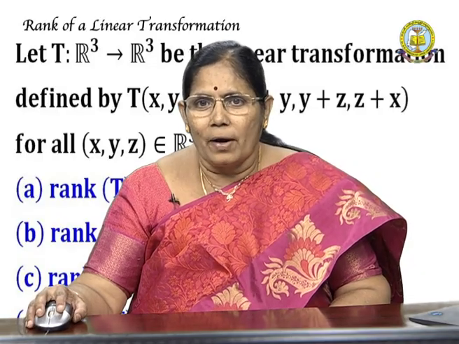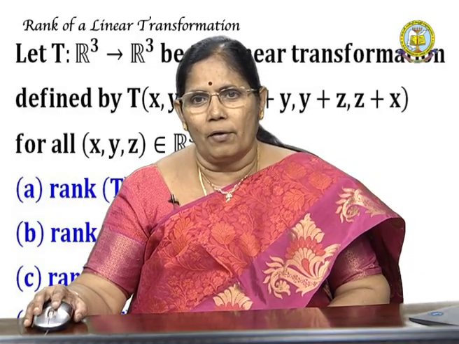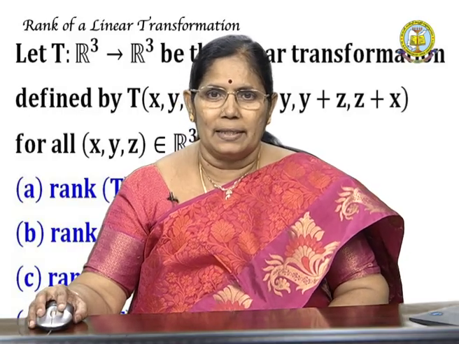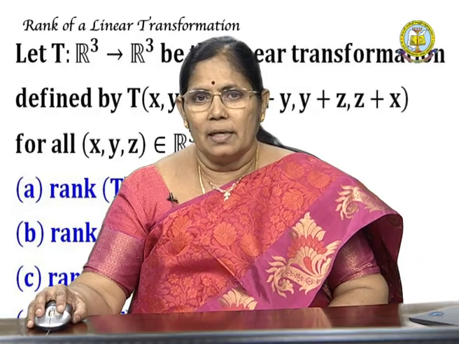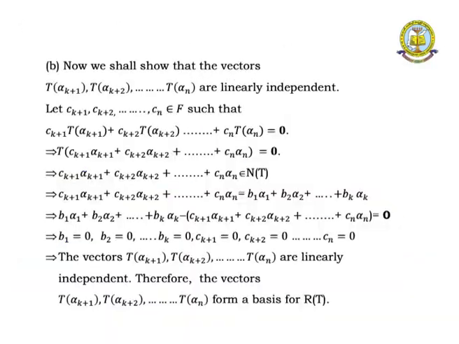So, what is alpha belonging to U? What do you mean by alpha belonging to U? Alpha is a linear combination of its basis vectors. That means alpha is a1 alpha 1 plus a2 alpha 2 plus and so on plus ak alpha k and so on, an alpha n.